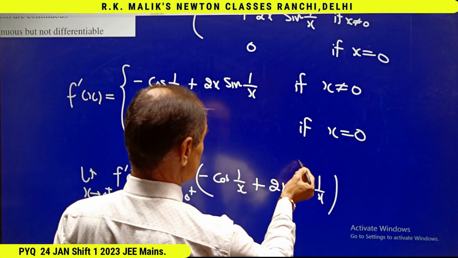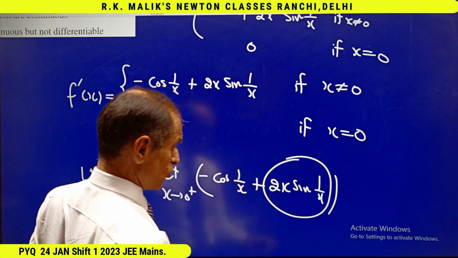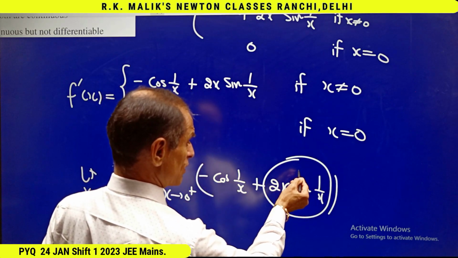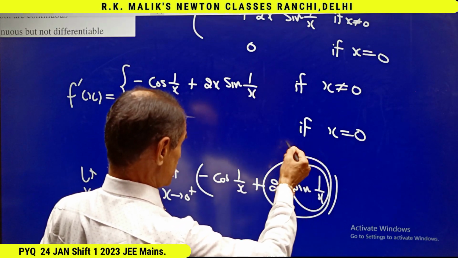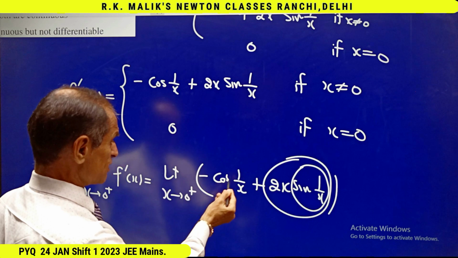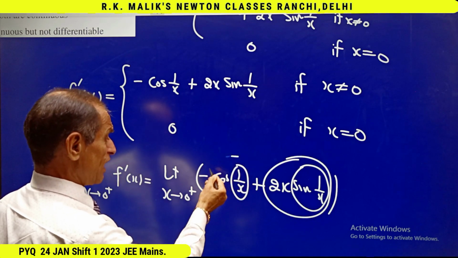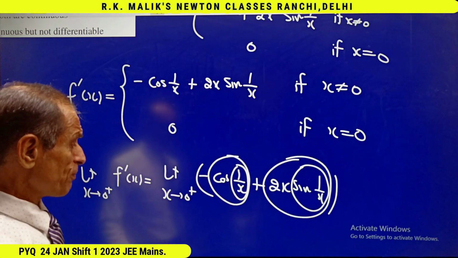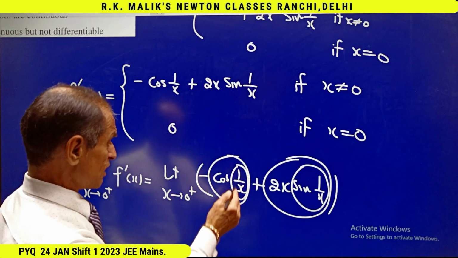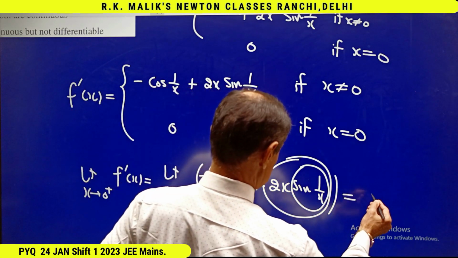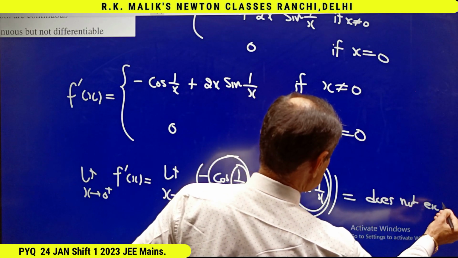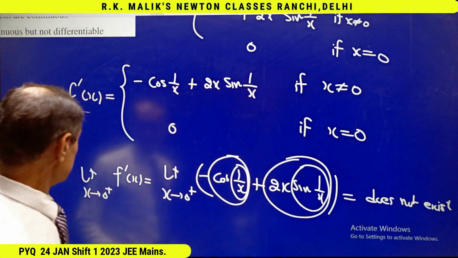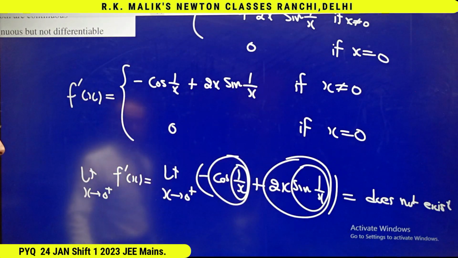The limit of the second part is 0, because x is tending to 0 and sine 1 by x is fluctuating between minus 1 and 1. But when x tends to 0, 1 by x tends to infinity, and cos 1 by x fluctuates between minus 1 and 1. That is, the limit of this does not exist. Hence, the right hand limit of f dash x at x equal to 0 does not exist.